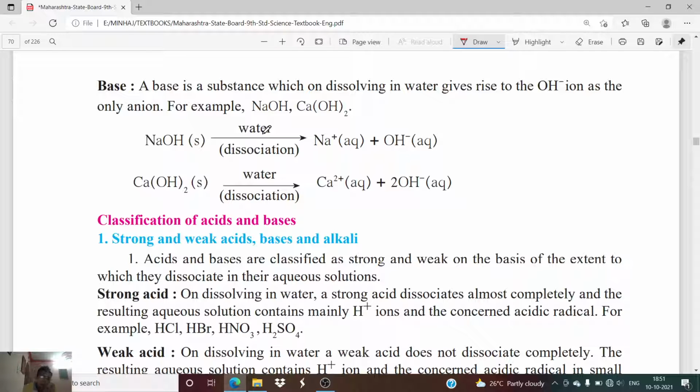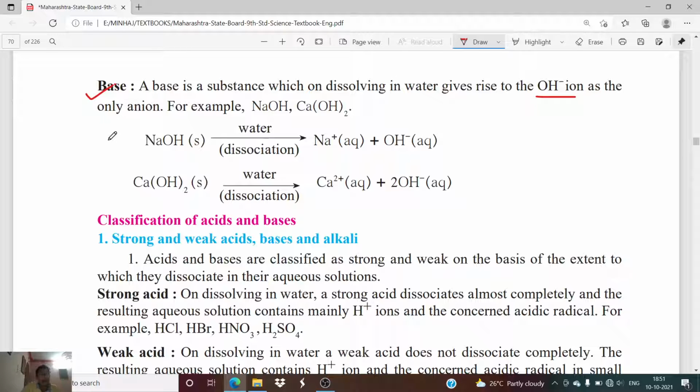Once the dissociation has taken place, if the anion dissociated is OH- ion, then we can say that the compound is a base.